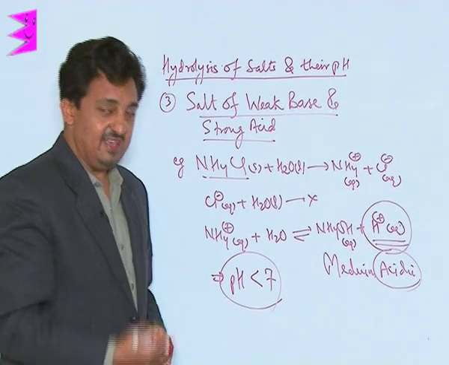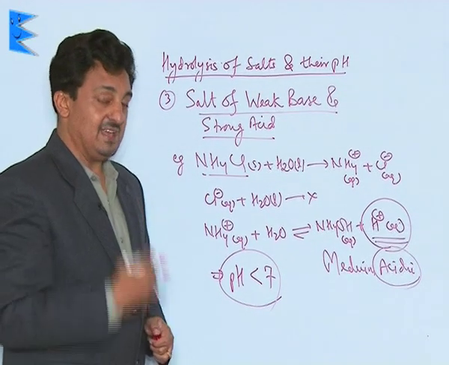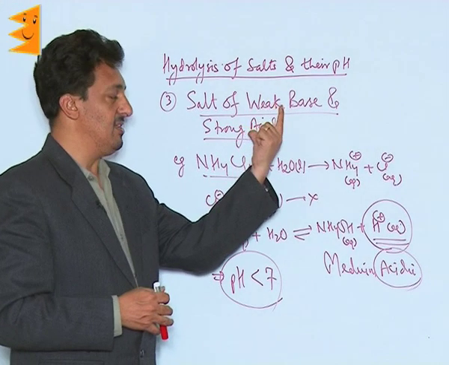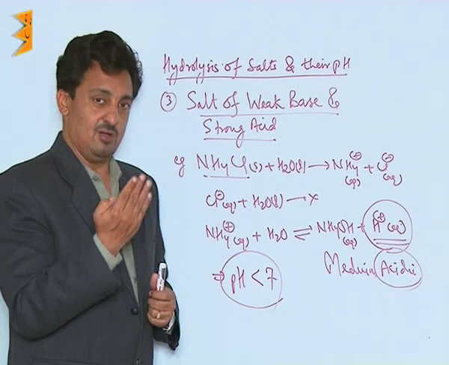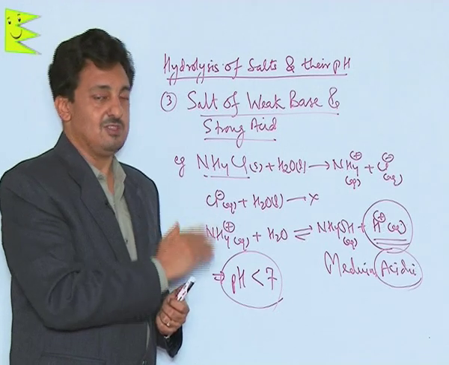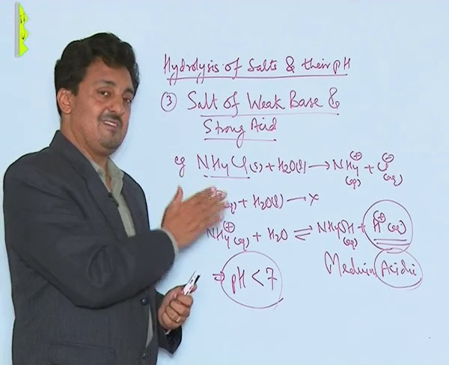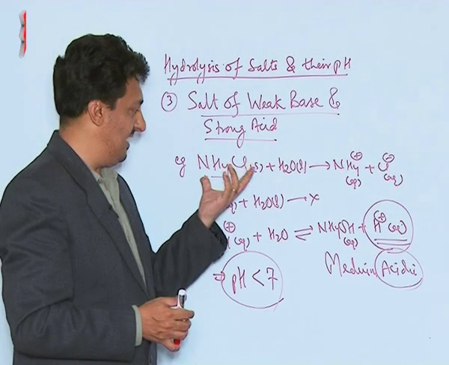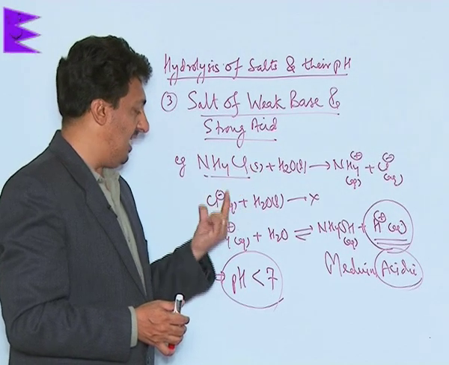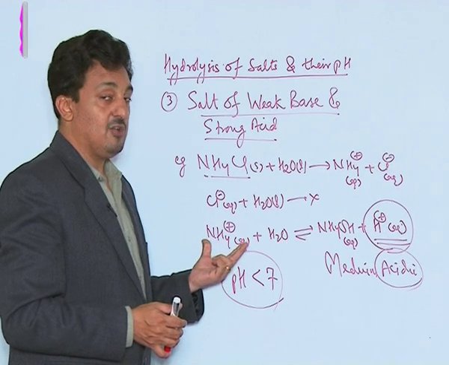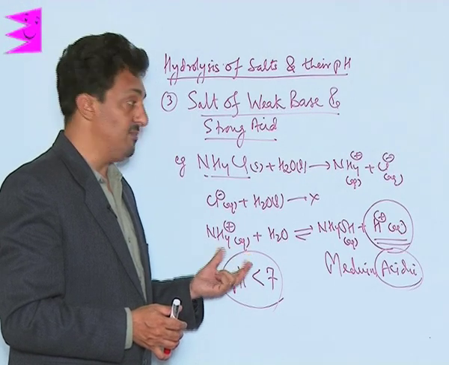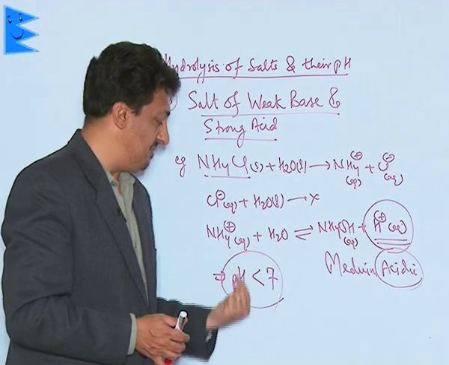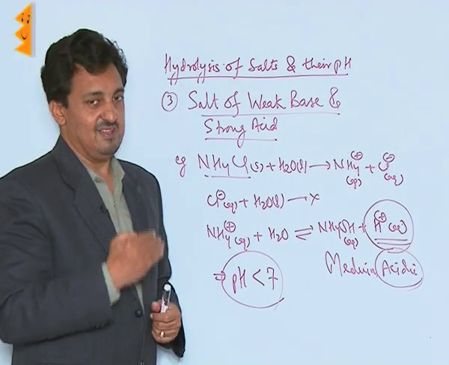It will decrease. The easiest thing to remember is, in the combination, whichever is strong decides the medium: in this case the acid was strong, the medium became acidic. In the earlier example, the base was strong, the medium becomes basic. So in this case, due to the hydrolysis of the conjugate acid obtained from the weak base, H ions are generated, which makes the medium acidic. pH becomes less than 7.